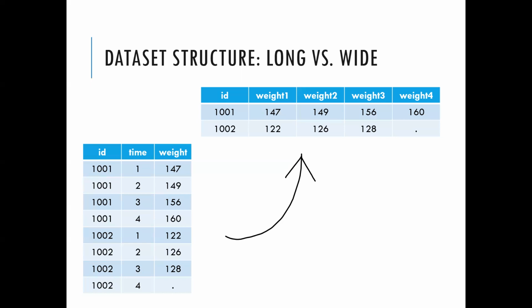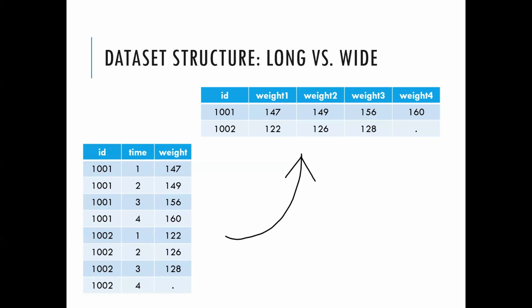So, you can see that we've measured weight 4 times in each of these individuals, but for individual 1002, they would just have 3 rows, and we wouldn't know at which time point we were unable to measure their weight. So it's always good to have this like anchor variable corresponding to the measurement. So you can see here, there are multiple rows for each of those participants in our sample.